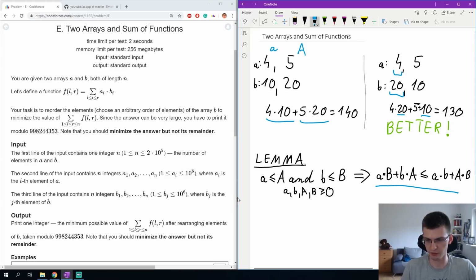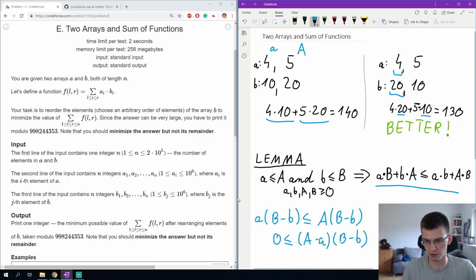I can move everything with lowercase a to one side, B minus B, and everything with uppercase A to the other side. And this is trivially correct for non-negative numbers with these inequalities that we know. Or I can even put everything on the right side to get 0 smaller or equal to A minus A, times B minus B. And both these are non-negative, so the whole thing is greater than or equal to 0.